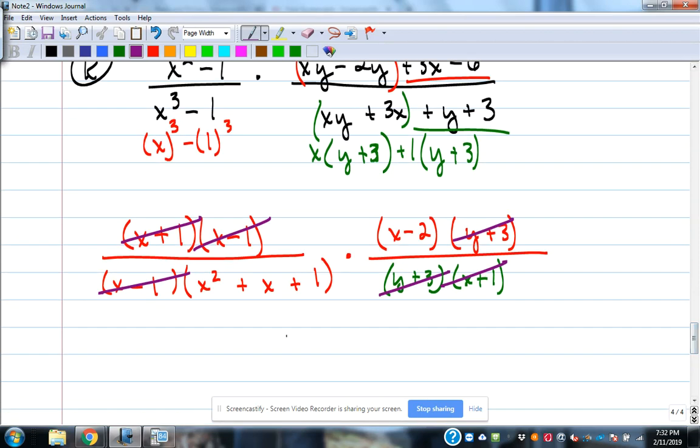The simplified version is x minus 2 over x squared plus x plus 1. All that factoring, and it simplifies out to that. Nice and fun thing. If you can factor, I think it is actually fun, but if you struggle with factoring, you may not think it's very much fun.